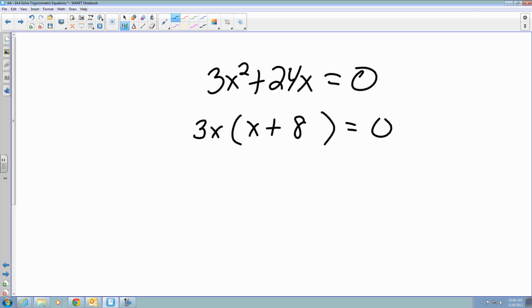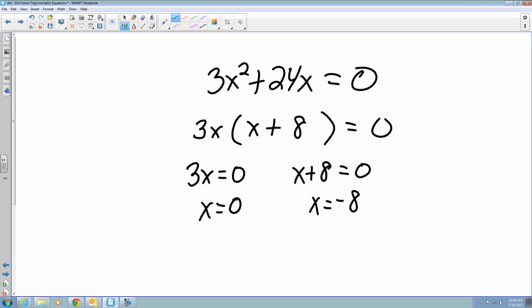Then from here, I could use the zero product property. The zero product property states that I could take 3x and set it equal to 0 and take x plus 8 and set it equal to 0. By solving both of these equations, I know that x here could equal 0 and x here could equal -8.